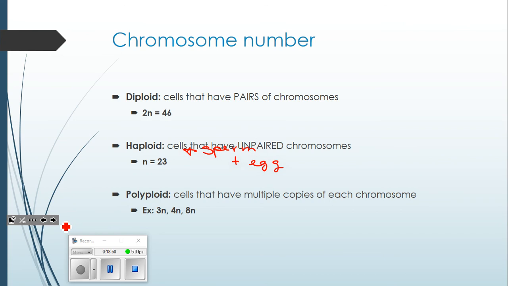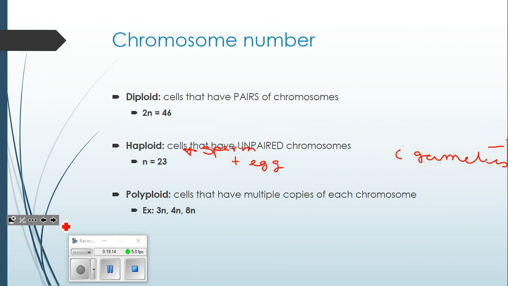But for humans, sperm and egg cells, which we call gametes. I'm going to write this on the whiteboard because that looks ugly. Gametes. That's what we call the sperm and the egg cell.